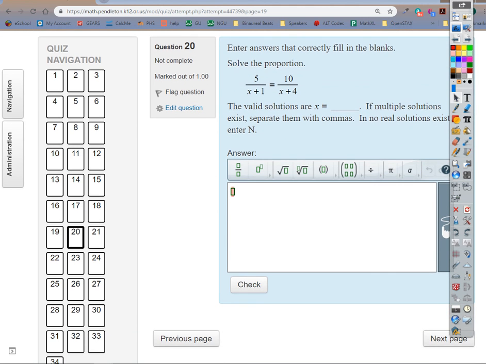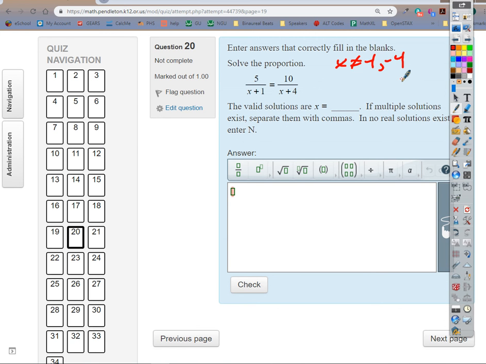Okay, this is really a simple one. This is a proportion, right? So what do I do with the proportion? I could do it by clearing the fractions, but an easier way to do it is to just cross multiply. So we know that, first of all, x cannot equal negative 1 or negative 4.